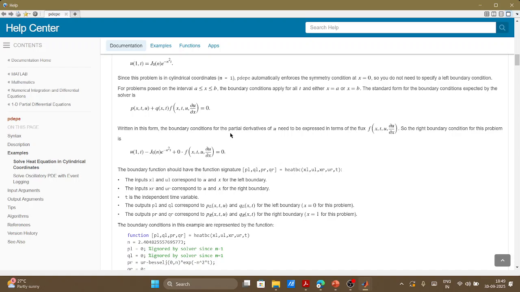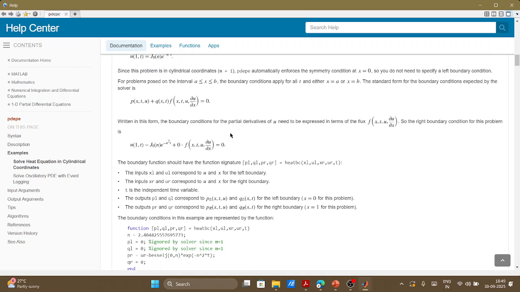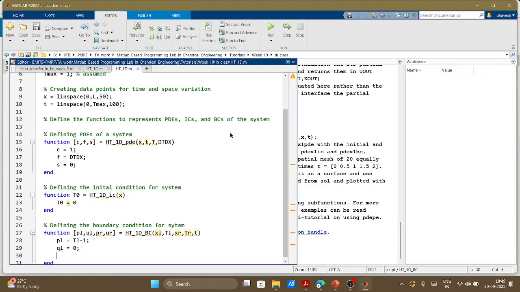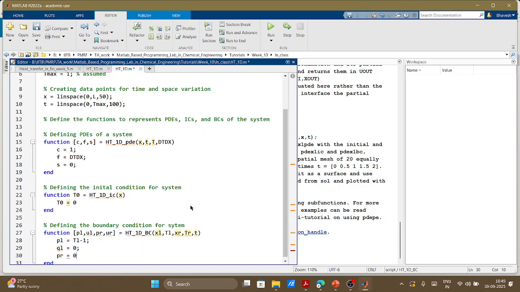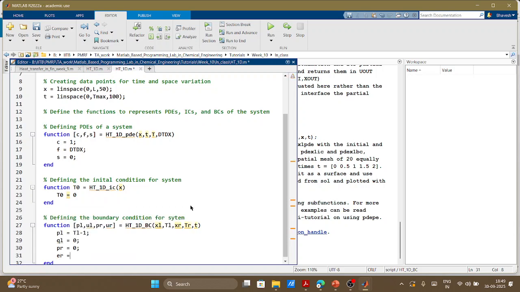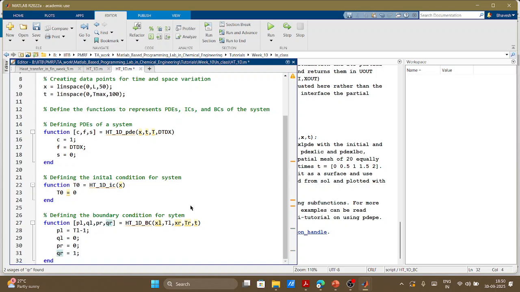So here let me write pR is equal to 0, qR is equal to 1. Okay, so I have defined my functions.